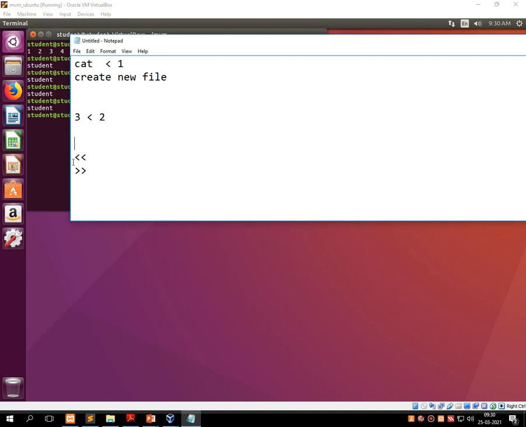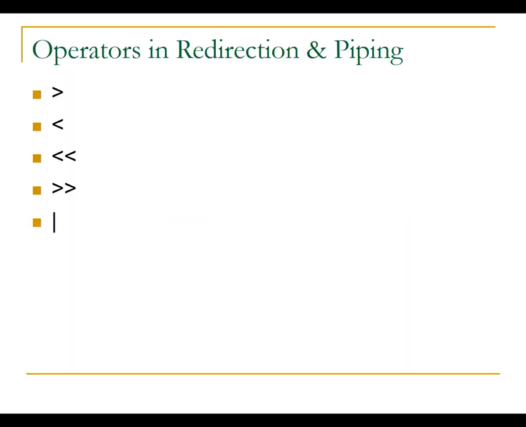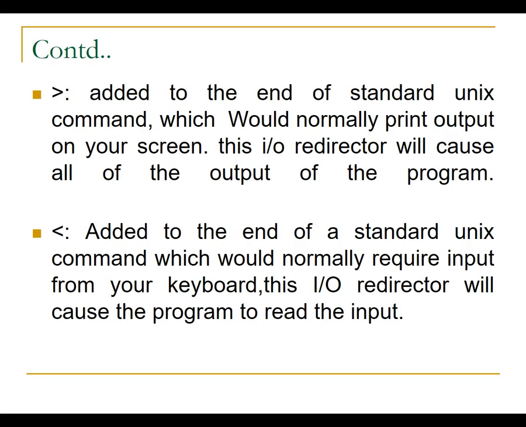Now 2 times less than and 2 times greater than, we'll see theoretically first. But before that, let's revise less than and greater than. Greater than is added to the end of a standard Unix command which would normally print output onto the screen.